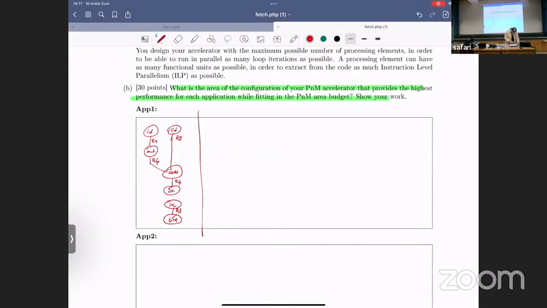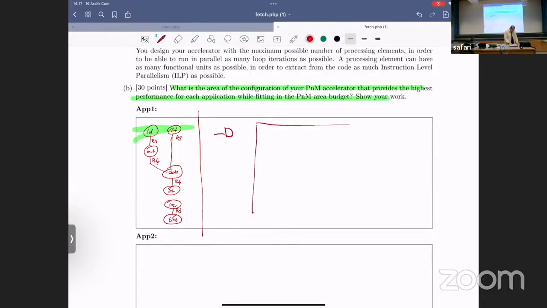Let's continue here. So this is your data flow graph for this accelerator. In parallel, you can only have these load instructions here. Everything else is serialized. So let's design it for a single processing element first.